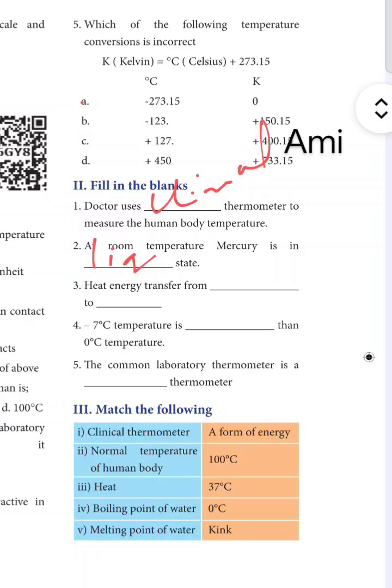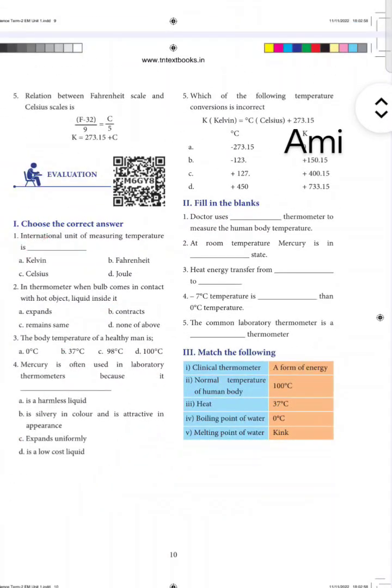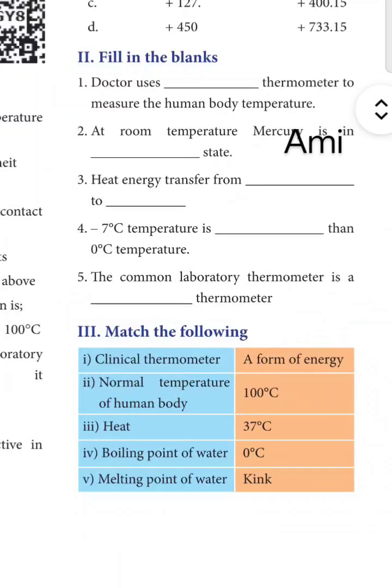Minus 7 degrees Celsius temperature is dash than 0 degrees Celsius: less. The common laboratory thermometer is a dash thermometer. The common laboratory thermometer which we use is a mercury thermometer, right? Or lab thermometer.